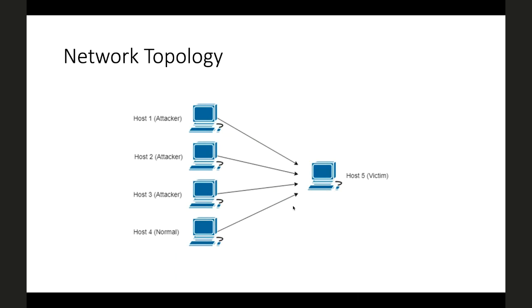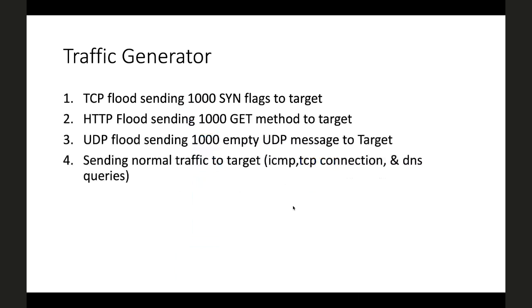Host 4 sends normal traffic like ICMP ping request and reply, TCP connections using normal HTTP requests, and normal DNS queries to host 5, the victim host. As you can see, this is the traffic generated by the source hosts.